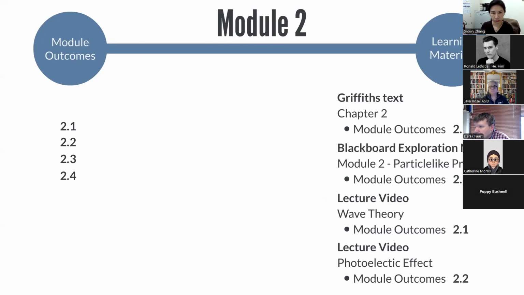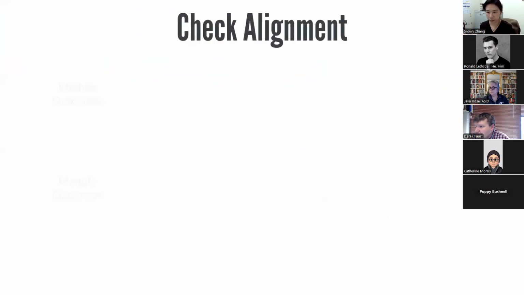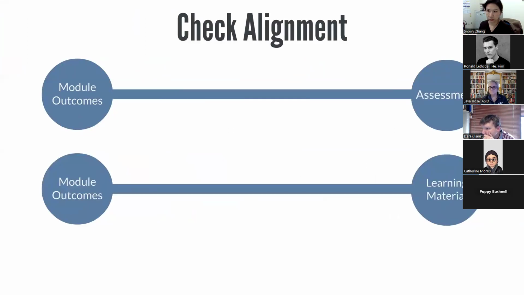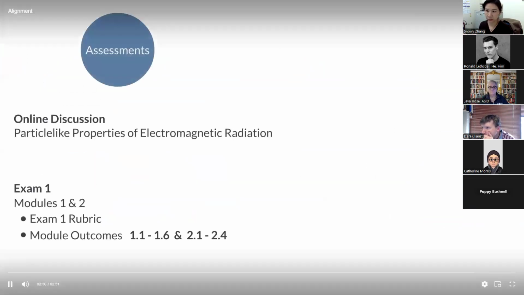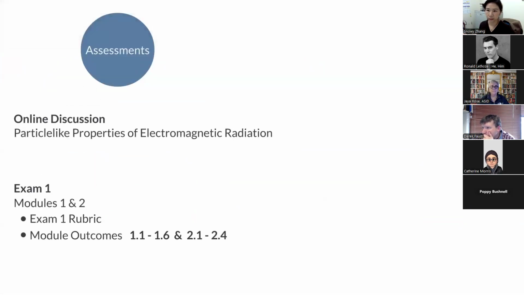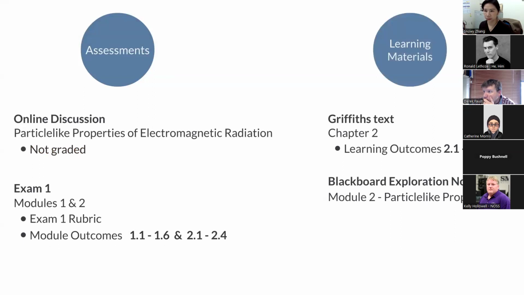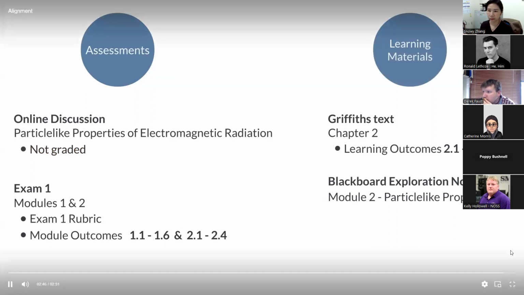Once you've completed writing and aligning your assessments and learning materials, go back through each module and ensure that each module outcome has been aligned with at least one assessment and one learning material. Assessments that have no module outcomes attached to them should either be removed or labeled as not graded. Learning materials that have no module outcomes attached to them should either be removed or labeled as supplemental optional.